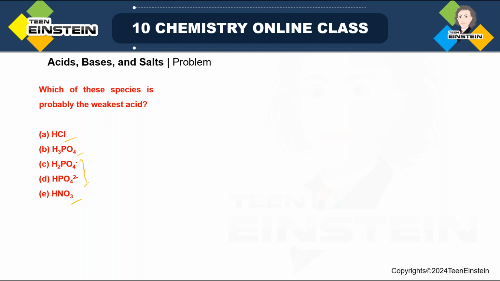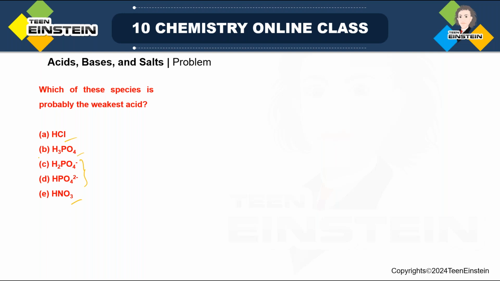Now this H3PO4 is actually a weak acid. Now in this H3PO4, though from the formula you can see a total of 3 hydrogens, you have to understand whether all these hydrogens are able to dissociate or not.